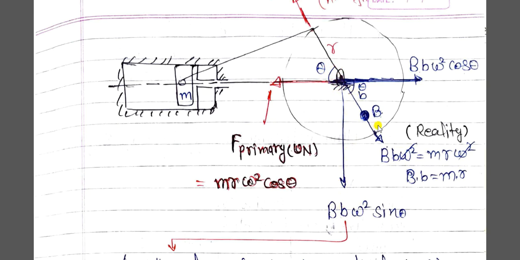You have added this B as balancing mass to balance the reciprocating forces, so you get the cos component, and this cos component balances the primary force. So the problem has been solved in this direction, but when you added this B for balancing, one component, B b omega square sine theta, is coming extra.